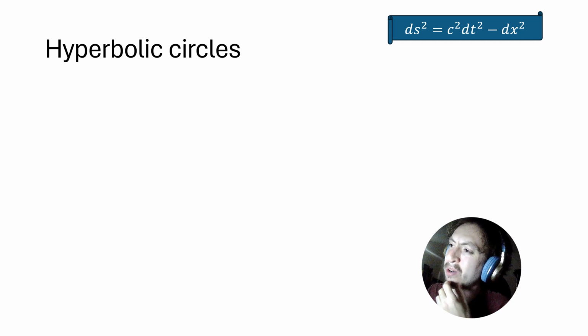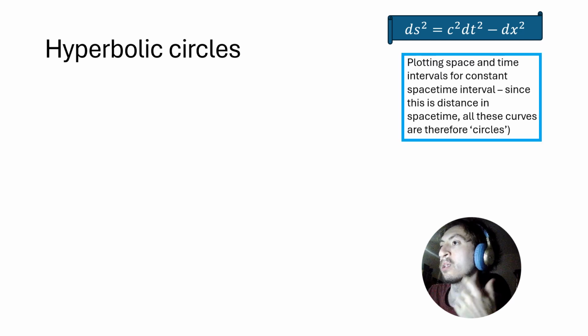What does a circle look like in this kind of space? Well, we define the circumference of a circle to be a set of points which are all equidistant from some central point, and for convenience we often place the central point at the origin of a coordinate system.